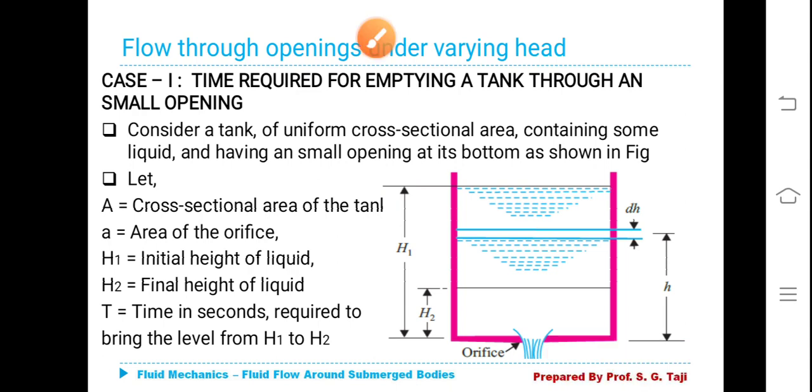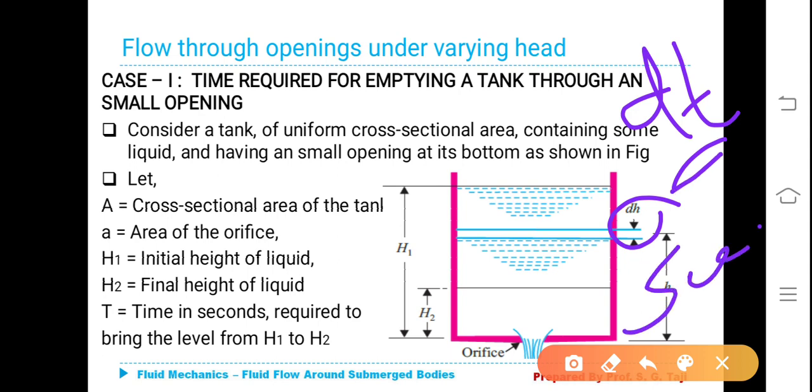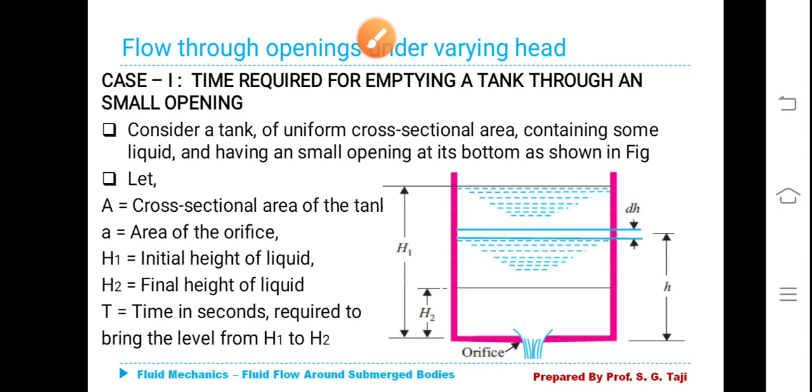Small h is the head at any instant above the device. Let it fall by a small amount dh in time dt seconds.